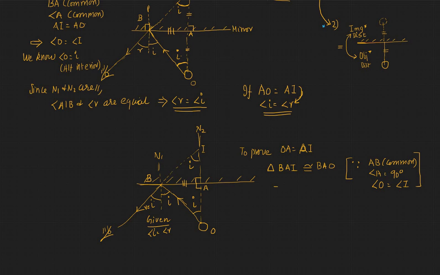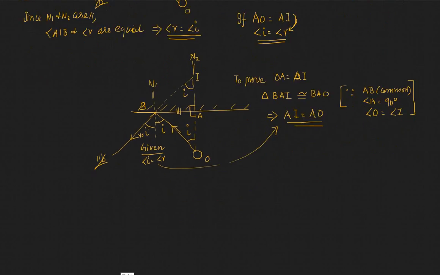This implies that AI equals AO. So again, we prove that if angle I is equal to angle R, then this should be true. So these two mean one and the same thing.